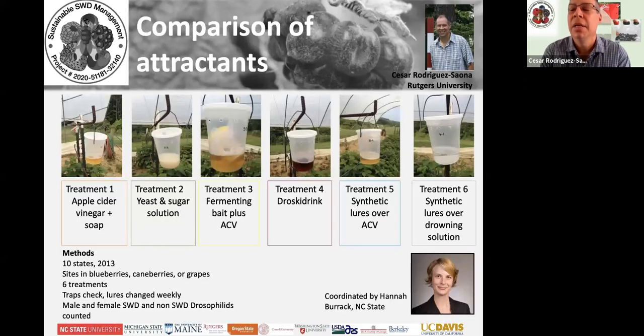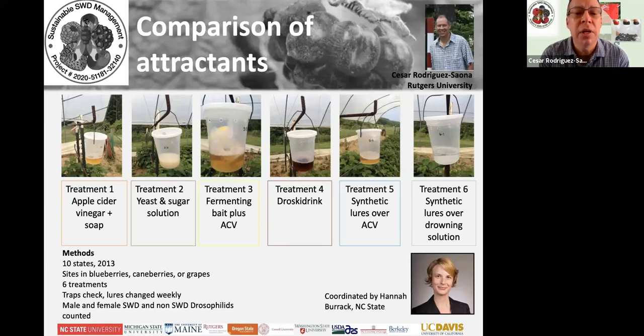So in an early multi-state study, we compared the efficacy of different lures and baits for capturing spotted wing Drosophila. This study was conducted in multiple crops across 10 different states and compared the efficacy of 6 different treatments, as you can see here.